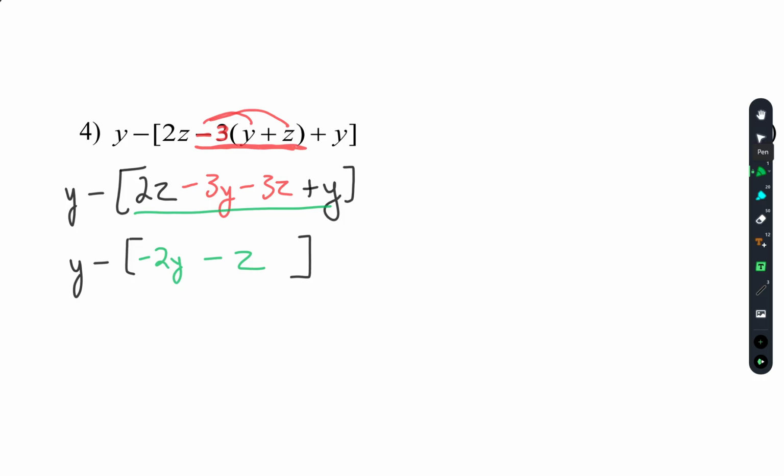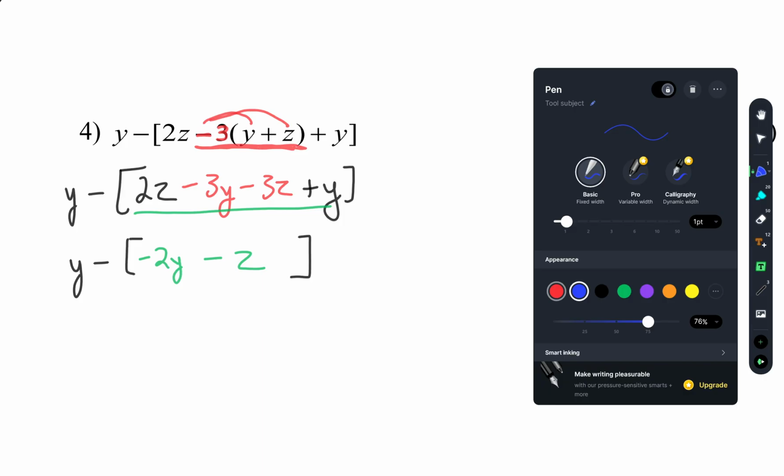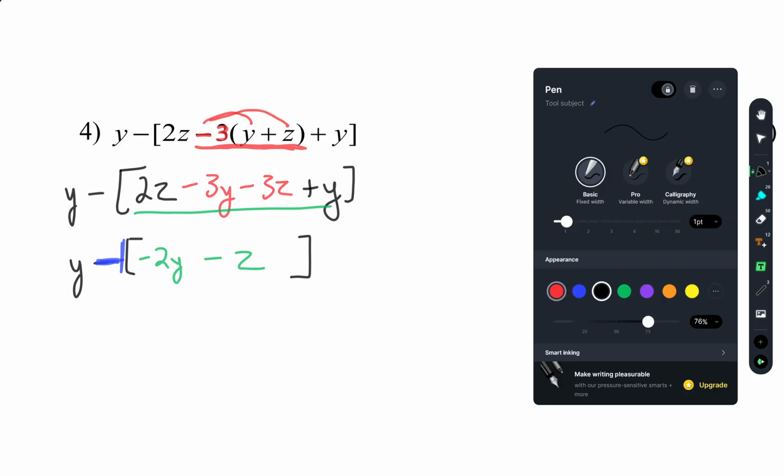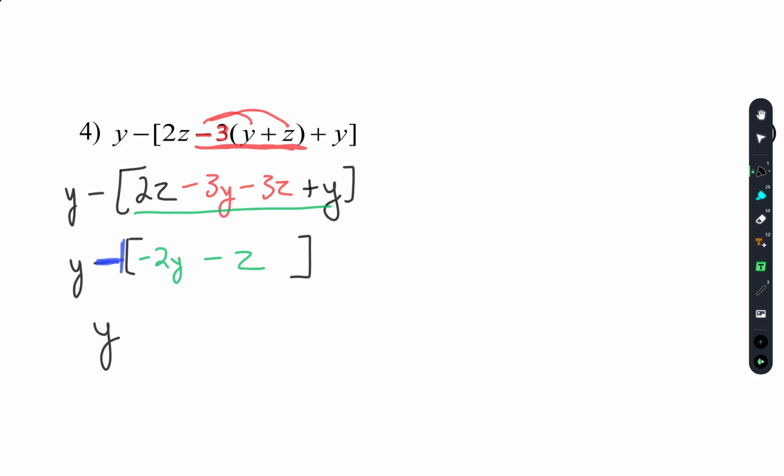And then now you're distributing this negative to the parenthesis. So you're not distributing y, because y is not right next to it, you know? You're distributing essentially an invisible negative 1 to all the terms. So it ends up being y, and then you change the sign essentially on the term.